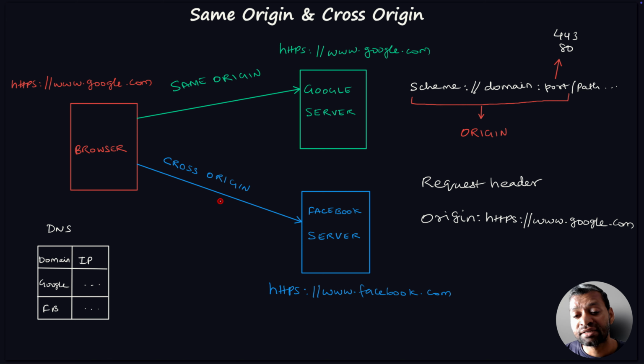Now, when we get the request and that request's origin is just HTTP, not HTTPS, but the remainder of the parts like domain and port names are same, in this case, this request will still be considered as cross-origin request because all three parts have to be exactly same to consider a request as same origin request. Even if the scheme is different or even if the port is different, then that request will still be considered as cross-origin request. Okay. So this is one of the very important concepts that other security features are built on top of.